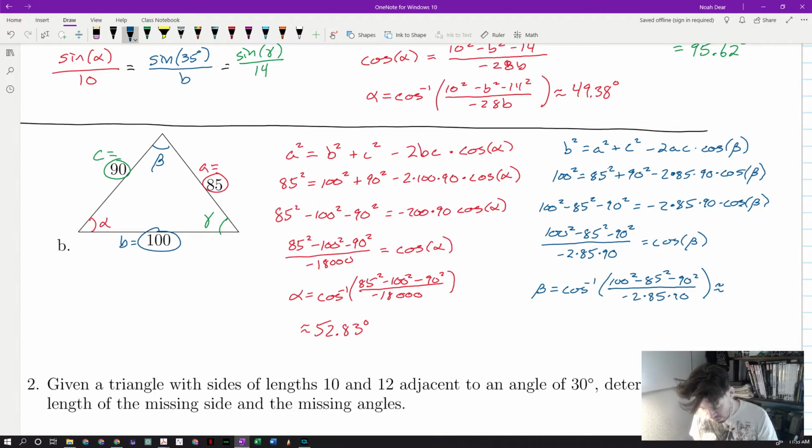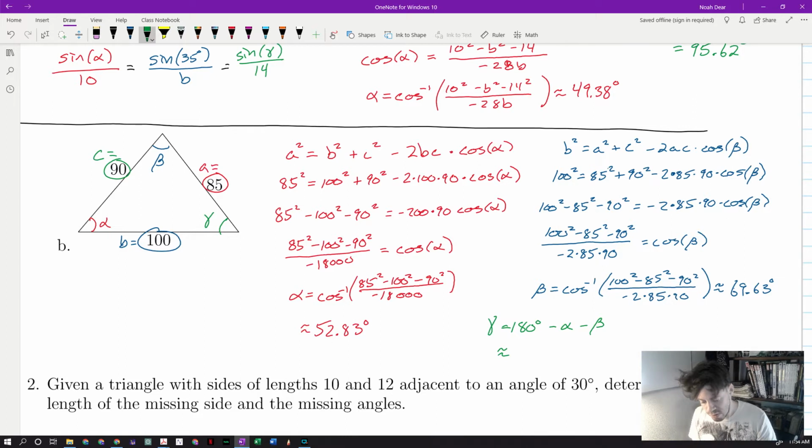Both of these are going to be really key to making sure the calculator knows what it's supposed to be doing here. Denominator in parentheses also, negative 2 times 85 times 90. And I get 69.63 degrees.